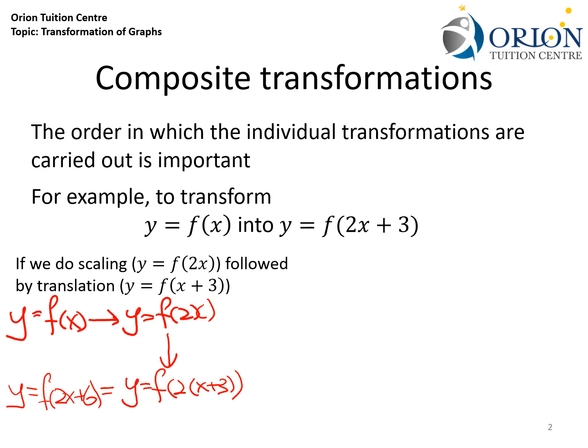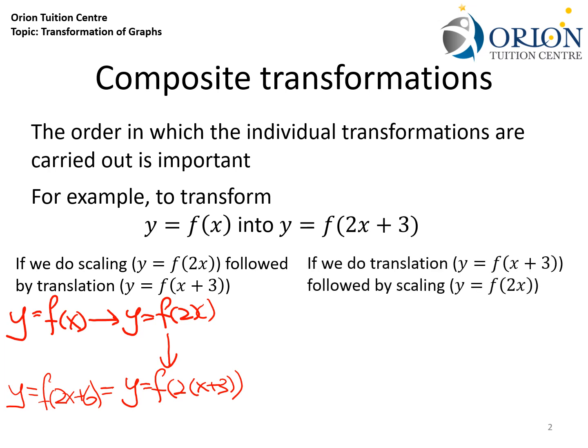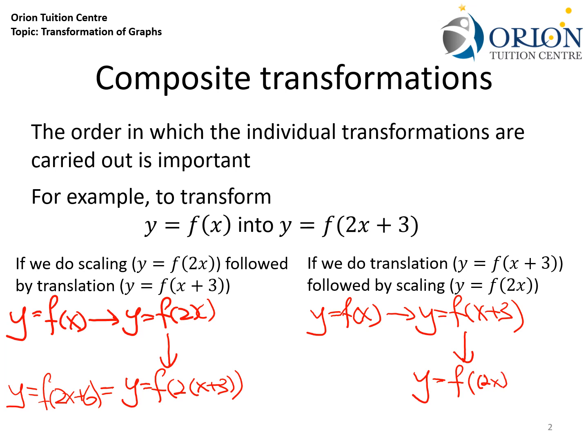However, if we perform translation first, we will have y = f(x) becoming y = f(x + 3), and thereafter, if we perform the scaling by a factor of half, we will end up with y = f(2x + 3).